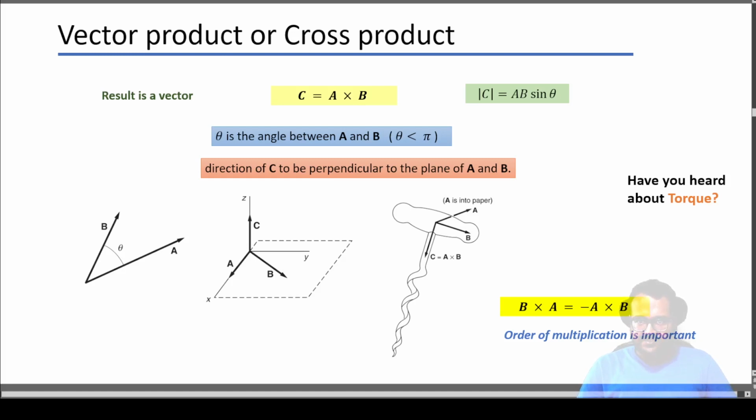Theta is the angle between them, the smaller angle, and the direction of C is perpendicular to the plane of A and B. So if you have your A and B and an angle theta between them, you can always imagine a plane which contains A and B. So if you have two vectors, you can always think of a plane between them.